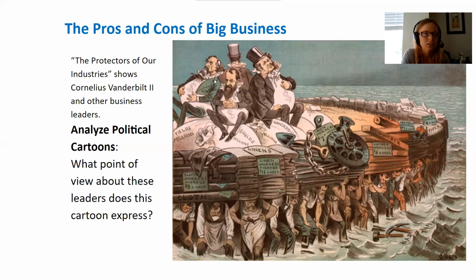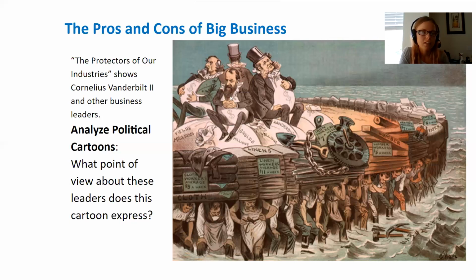So we have here at the top these very, very well-dressed, corpulent or fat men sitting on what looks like bags of money, right? There's dollar signs. And in fact, if you look closely, their bellies are actually made up of money bags.